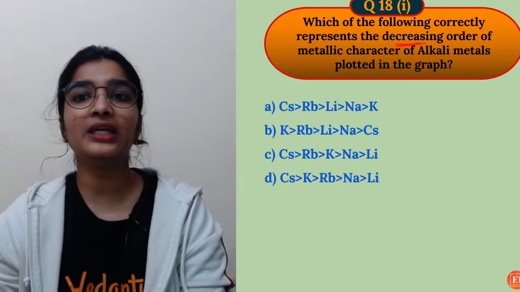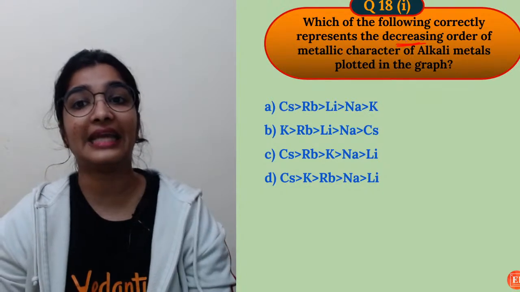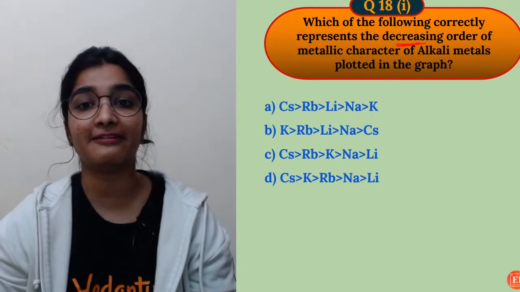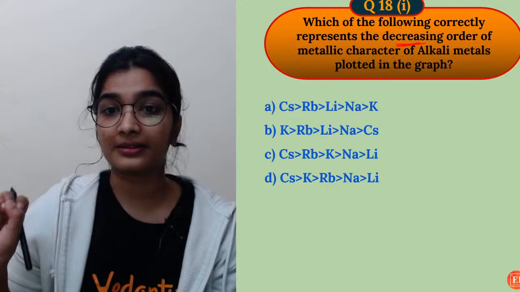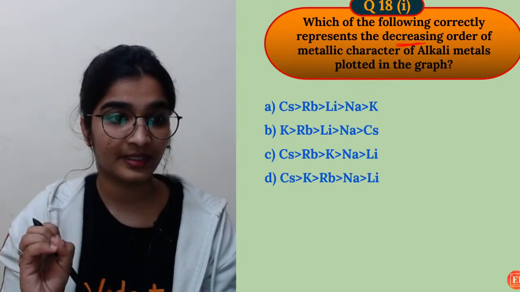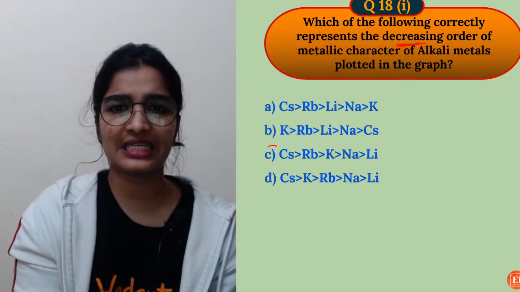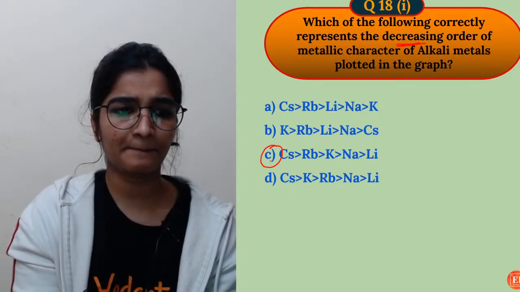Which of the following correctly represents the decreasing order of metallic character of alkali metals plotted in the graph? Decreasing order. By looking at the options only, you can answer this question. We'll come up with that. C. So many of you are saying C. Yes, not D. Pakka. C pakka.